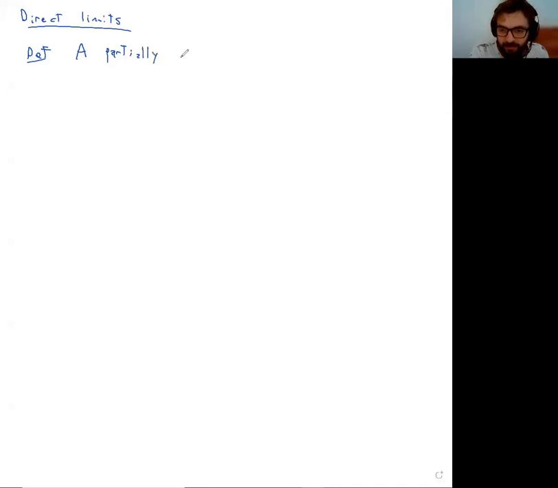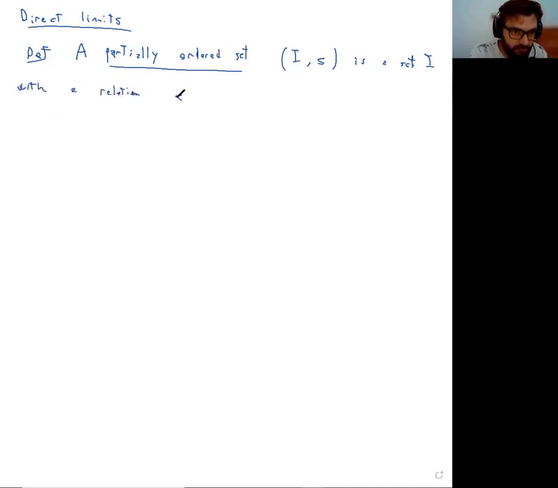And we will begin with the definition of a partially ordered set. So we have a set I with a relation "less or equal", such that everything is less or equal than itself.